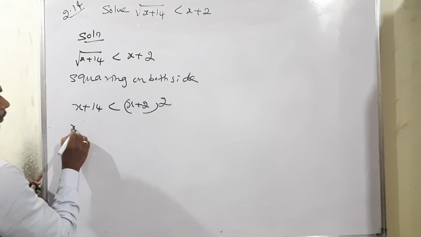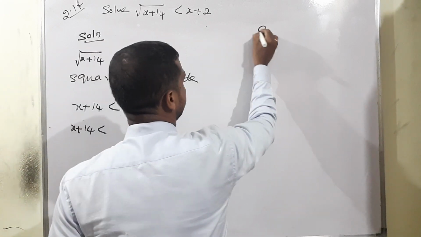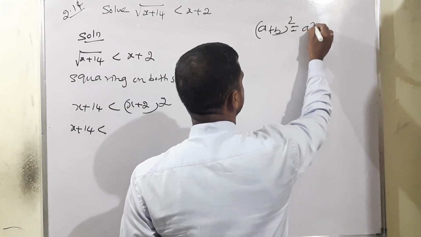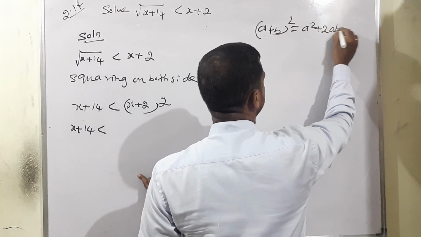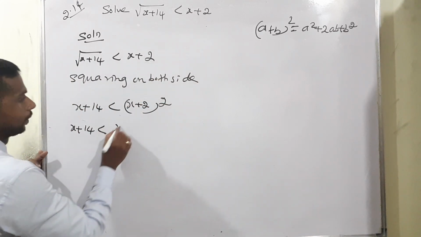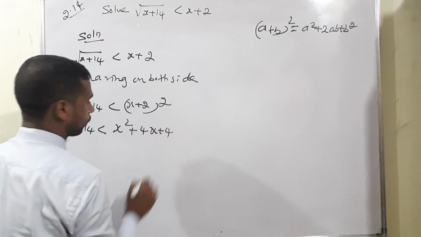Now x plus 2 the whole square is in the form of a plus b the whole square. Already you know the formula: a plus b the whole square means a square plus 2ab plus b square. So now we can split it: x square plus 4x plus 4.